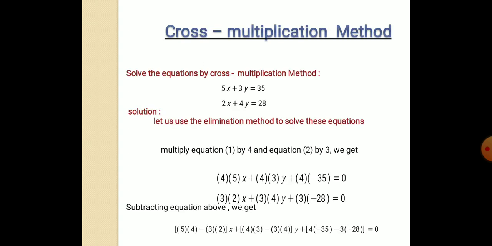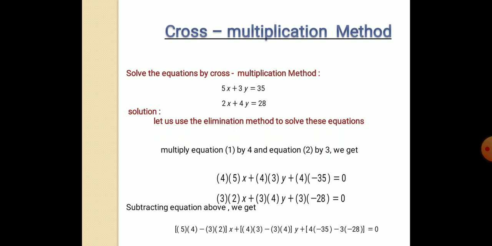Cross multiplication method. Solve the equations by cross multiplication method: 5x plus 3y equal to 35, 2x plus 4y equal to 28. And the solution is: let us use the elimination method to solve these equations. Multiplying equation 1 by 4 and equation 2 by 3, we get 4 into 5x plus 4 into 3y plus 4 into minus 35 equal to 0, and 3 into 2x plus 3 into 4y plus 3 into minus 28 equal to 0.